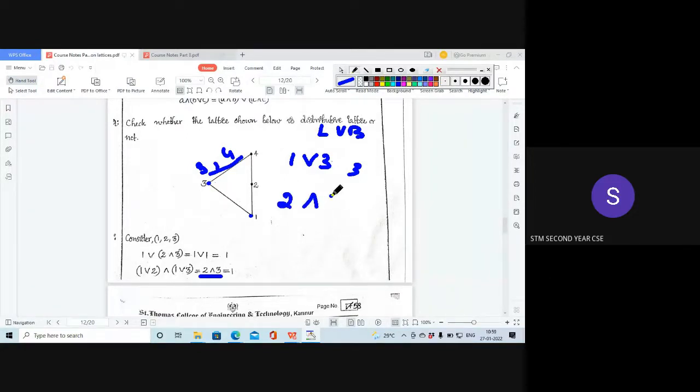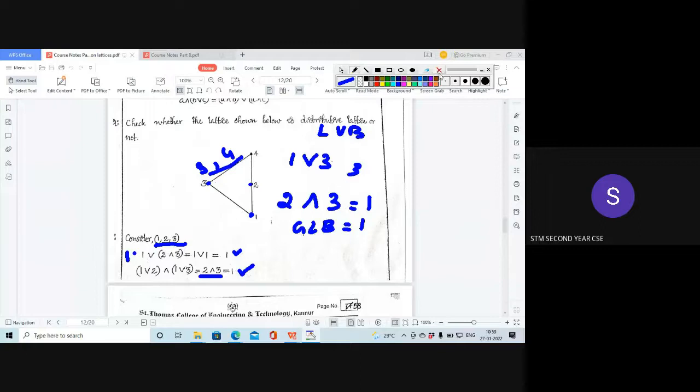It is the greatest lower bound of 2 and 3. 2 and 3 have a lower bound 1, and the greatest lower bound is 1. So the LHS evaluates to 1, and the RHS also evaluates to 1, which means the first law is satisfied. For this ordered pair, we have found that the first distributive law has been satisfied.